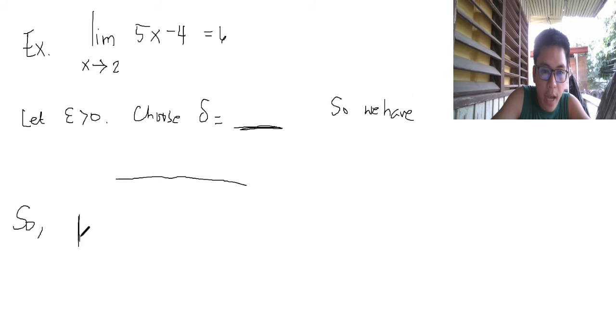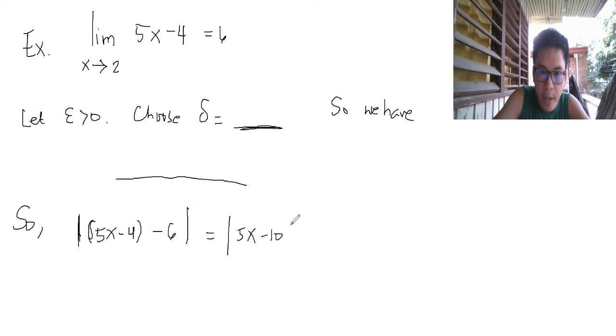Remember on the definition, that's going to be the absolute value of f of x minus L is less than epsilon. So that means our f of x is 5x minus 4 minus 6, where 6 is our L here. So this is equal to 5x minus 10, and this is equal to 5 times x minus 2.